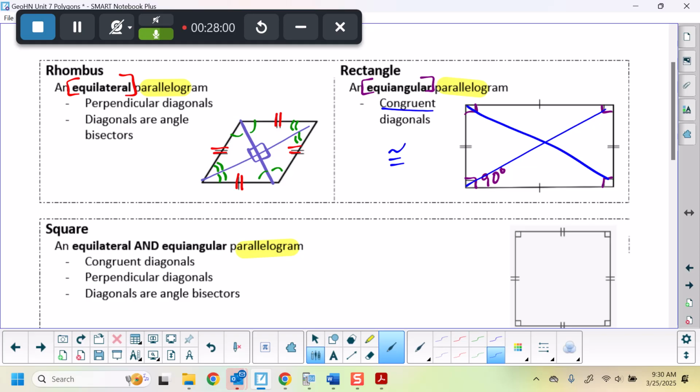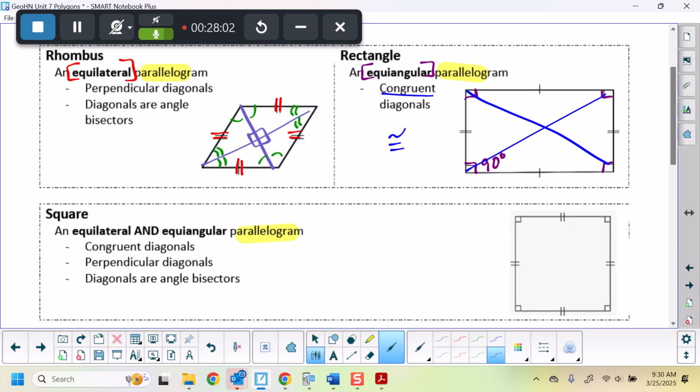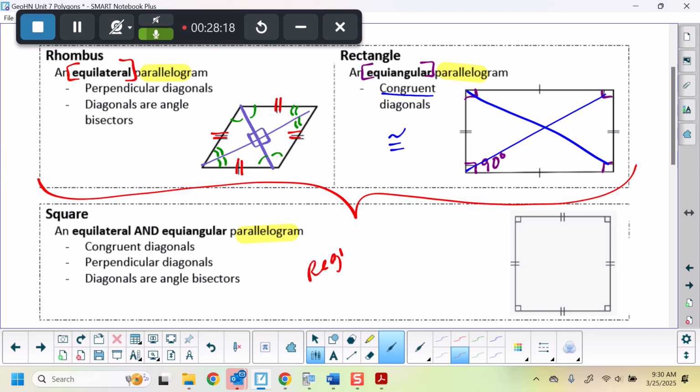Everything that we understand about rhombuses and rectangles is combined in our conversation about a square. A square is our regular rectangle, our regular quadrilateral, and because it's regular, we know that the equal angular and equilateral properties apply. Same with everything that's true about a parallelogram.